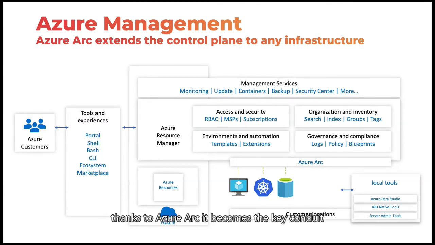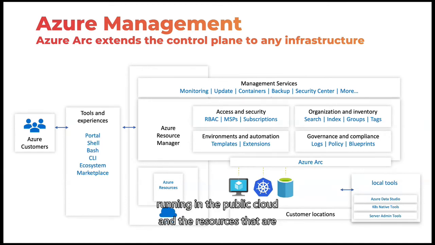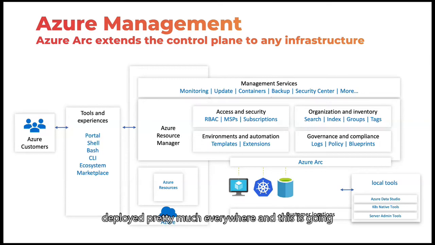But thanks to Azure Arc, it becomes the key conduit, the intermediary layer between the ARM running in the public cloud and the resources deployed pretty much everywhere. And this is going to expose third-party Kubernetes clusters and VMs to ARM. Now, what does this translate to?